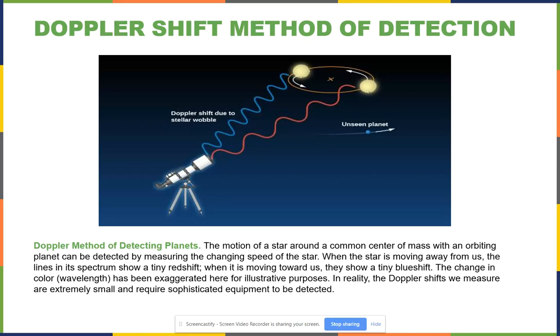The star is orbiting with that little unseen planet that's down below. And so as that unseen planet is orbiting around, the planet does this big orbit, and the star is doing this little orbit. Well, what we can generally see is the star, and so we're looking at Doppler shifts from the star to see it move closer and farther from us.